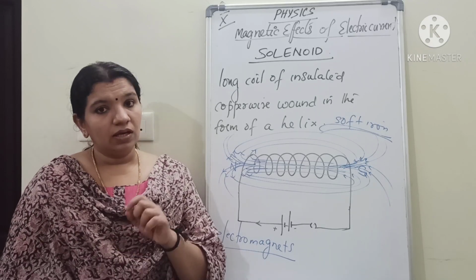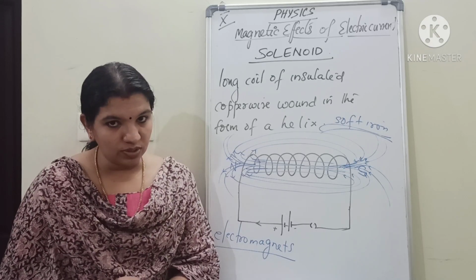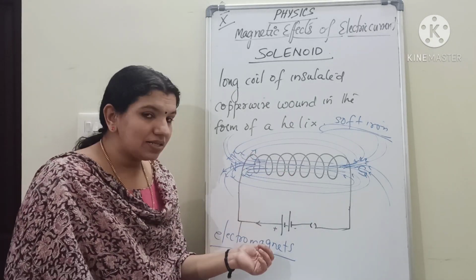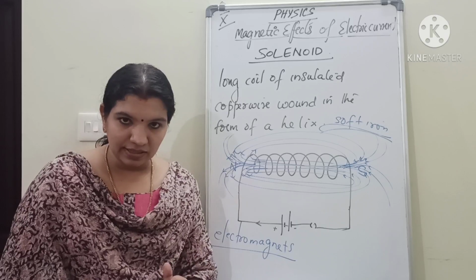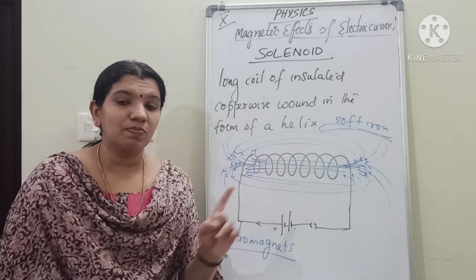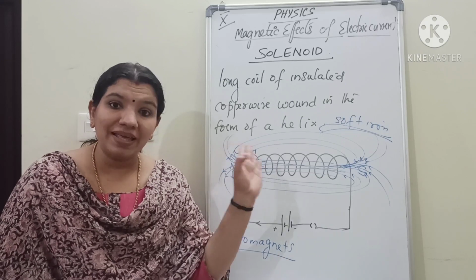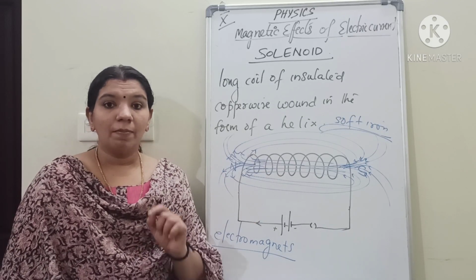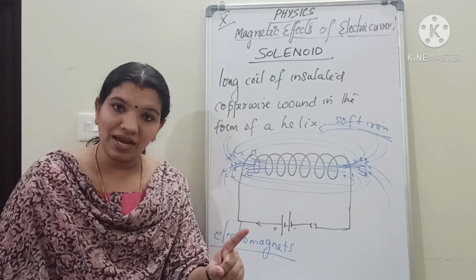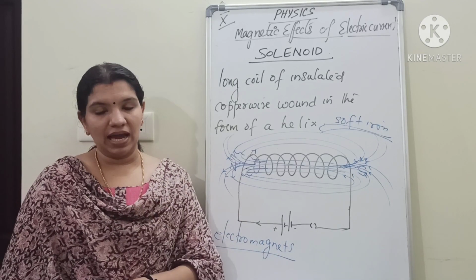Clear? But if a steel-like material is used, and if I place steel inside this solenoid, when I pass current through it, it will also get magnetized. But when I switch it off, it will not lose its magnetic property. It will be there. Understand? But soft iron can be easily magnetized as well as easily demagnetized.